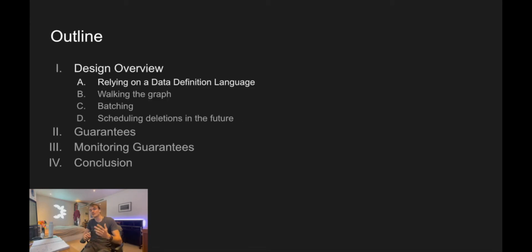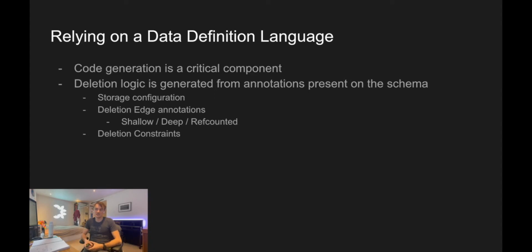Deletion Framework design overview. First of all, the data definition language. A key learning we had very early in the life of this team was that we cannot expect people to write their own deletion logic. If we ask people to use some data definition language to define how their data is going to look, we cannot expect them to write the logic to delete that data because first, most of the time, they're not going to really understand how to do this properly.